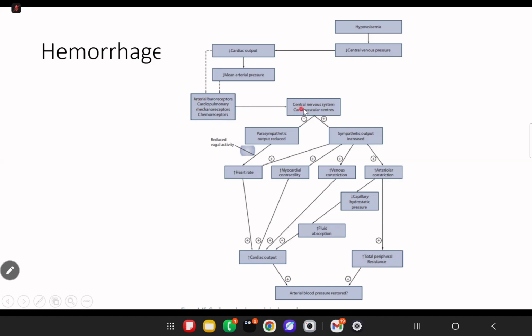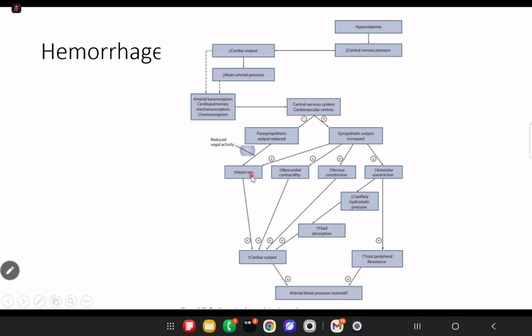So then this affects the central nervous system and cardiovascular system, which will inhibit the parasympathetic output and activate the sympathetic output, which will in turn increase heart rate, increase myocardial contractility, increase venous constriction, and arterial constriction.